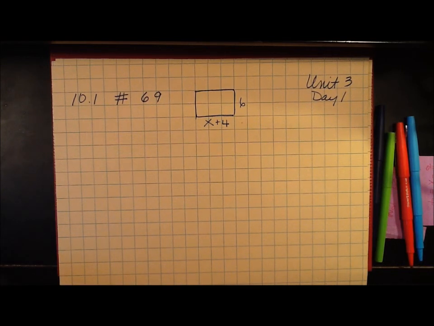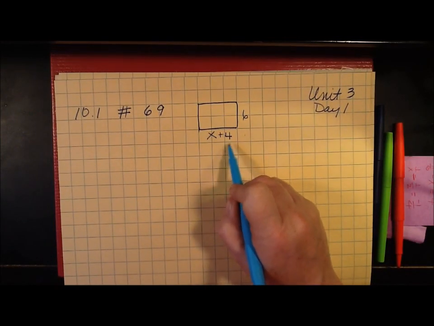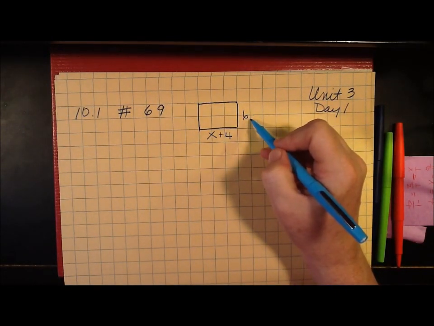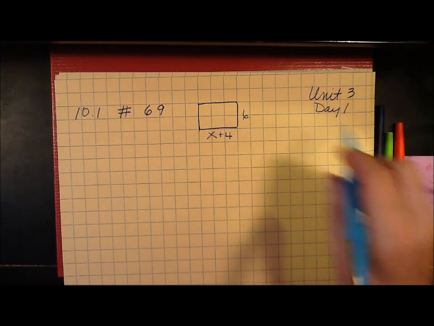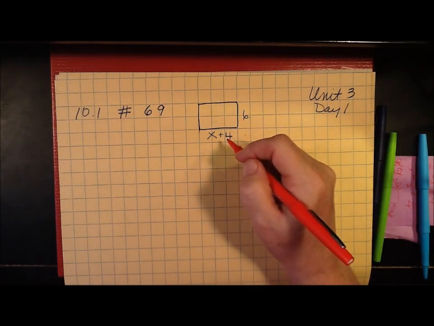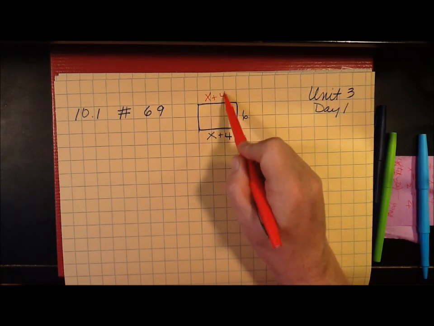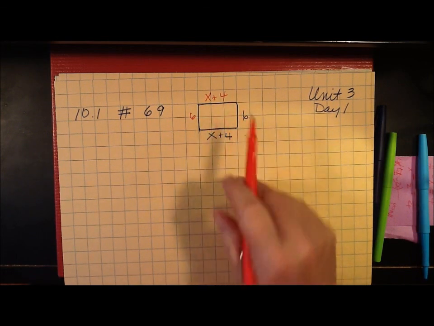We have a rectangle that has one side that is x plus 4, so an unknown number plus 4, and the width is 6. And one thing I want you to remember with this is that sometimes people lose track of this when we do perimeter, but if we're working with perimeter, this side would be x plus 4 and this side would be 6. To go around the block, you go all the way.